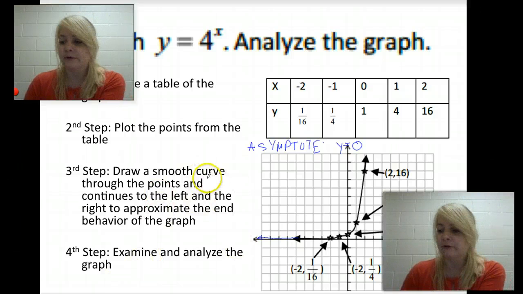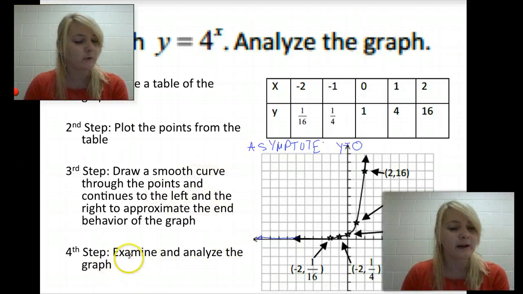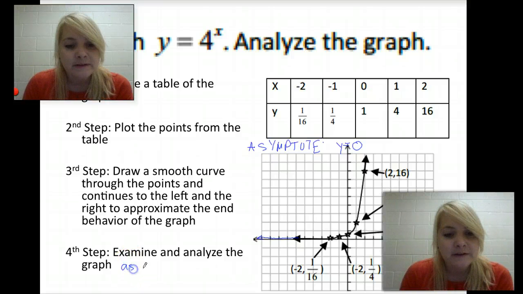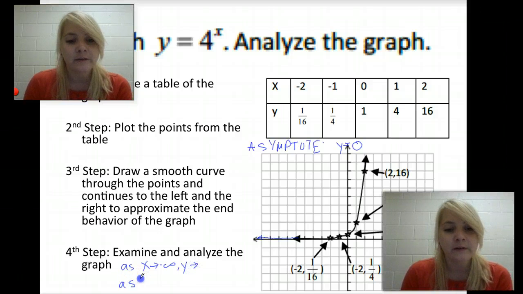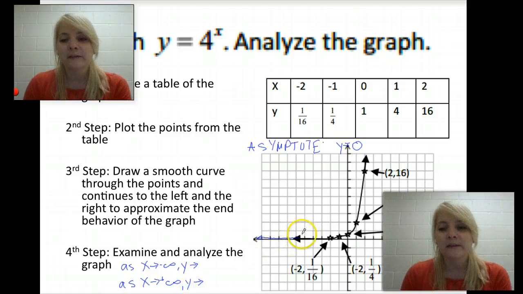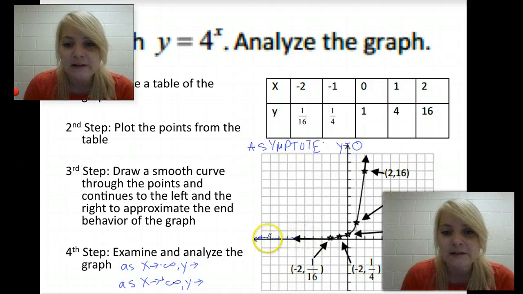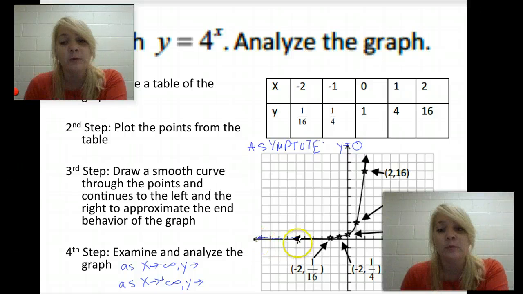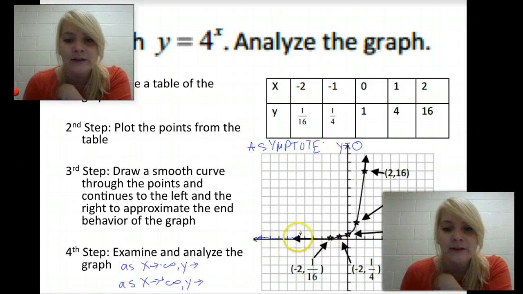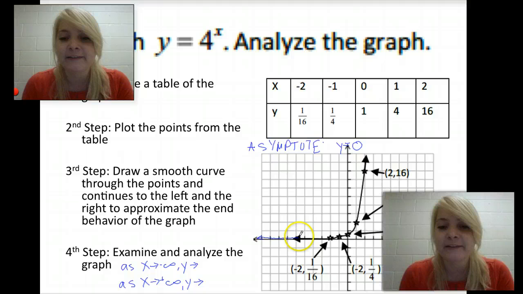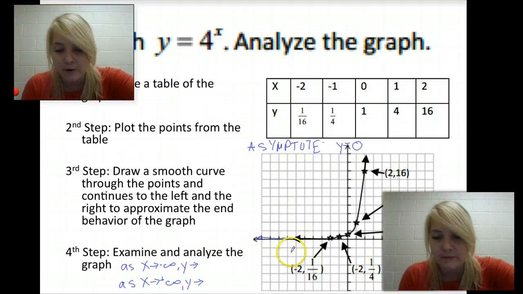And then we're going to take a look at our end behavior. So with end behavior, we're going to look at that a few different ways. We're going to take a look as x approaches negative infinity, where y is approaching, and then also as x approaches positive infinity, what value y is approaching. So as x approaches negative infinity, it's continuing to the left, so we're looking to the left. And now we want to talk about what y is doing. Our y value, keep in mind, is that distance if we're going up or if we're going down.